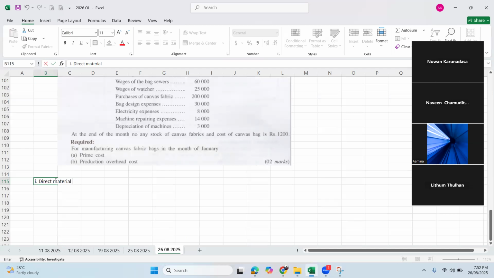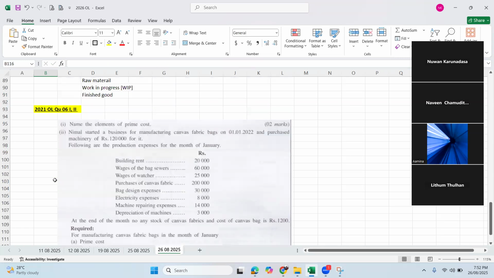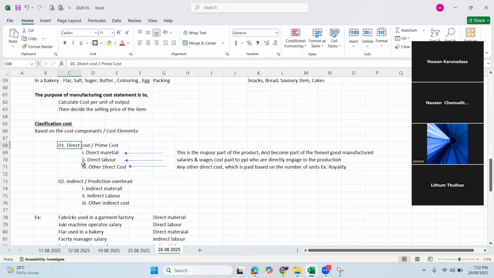Direct cost or prime cost, both you can refer.